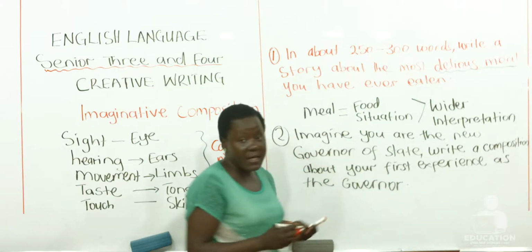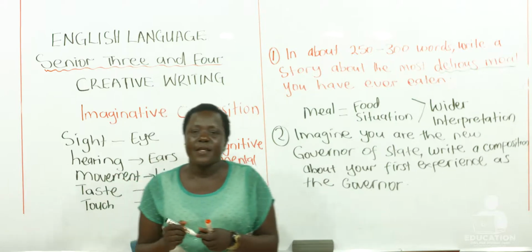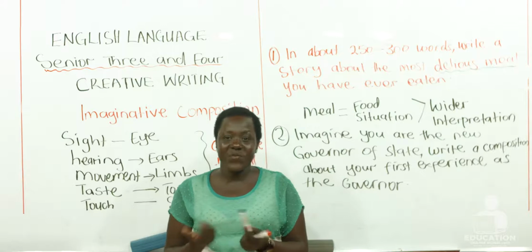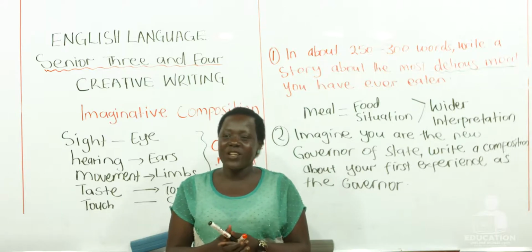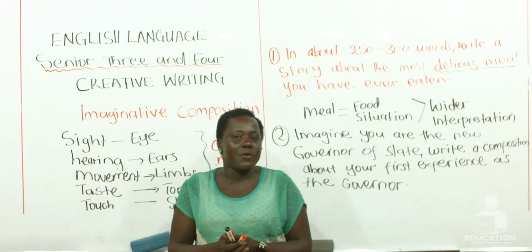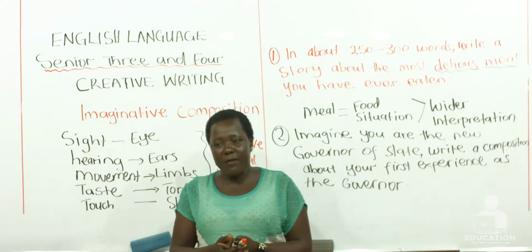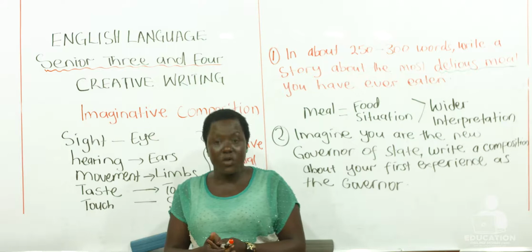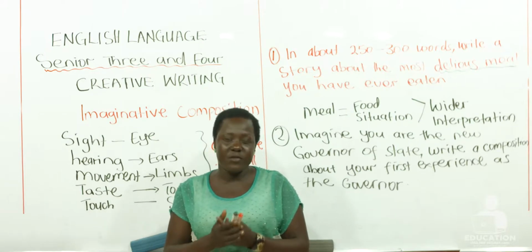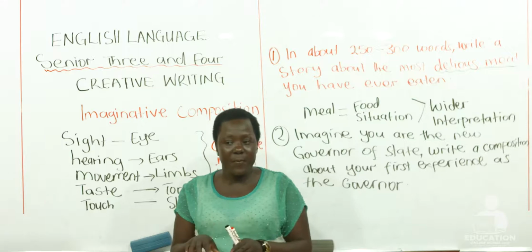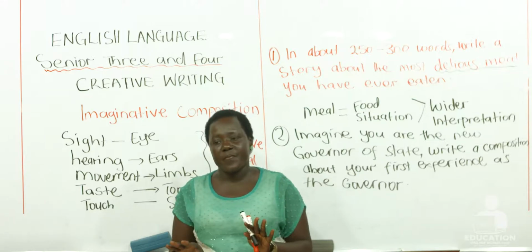Now here, my dear learners, still you need to create. Don't say, but at my age, who can elect me as the governor of my state? Don't even tell me I'm still in senior 4, so I'm not the governor and I will never be the governor. Please, create a story. Assume, imagine, put yourself in the shoes of that new governor and write something.